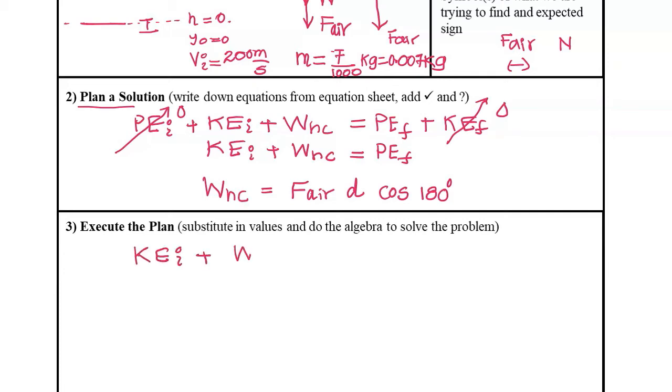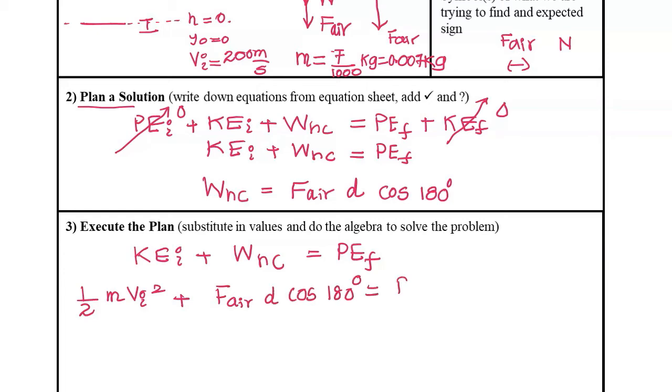Now let's execute the plan. Initial kinetic energy plus work done by non-conservative forces is equal to the final potential energy of the system. Half times mass times initial speed squared, remember this v is the speed, plus force of air resistance times d times cosine 180 is equal to the final potential energy, which is mass times g, 9.8, times the final height.